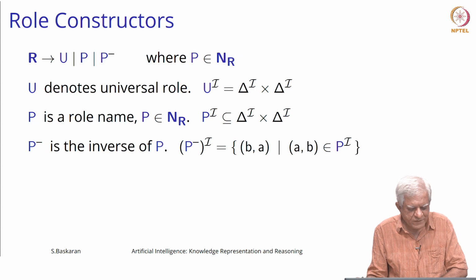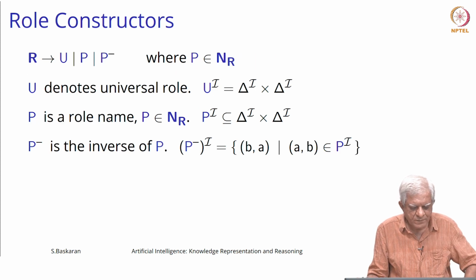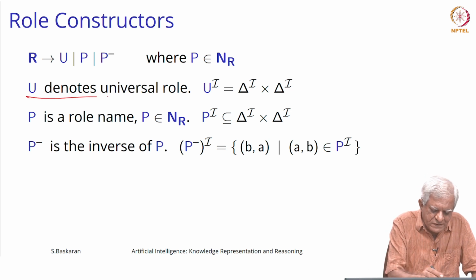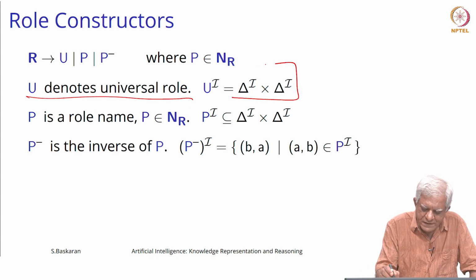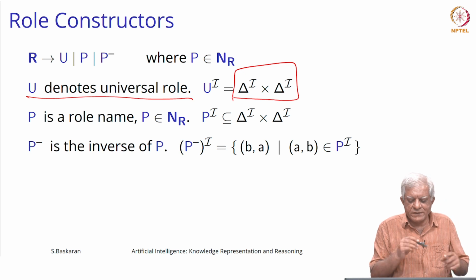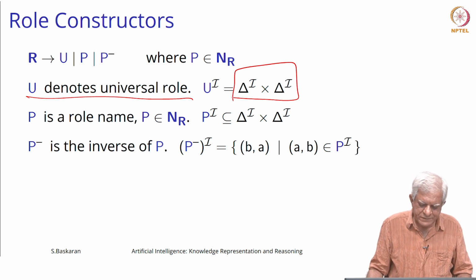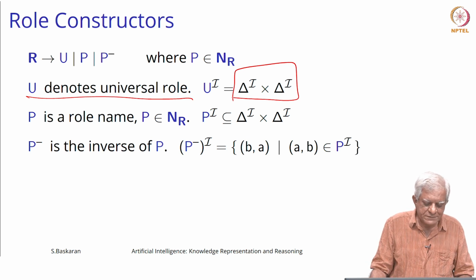So, let us look at them one by one. U denotes the universal rule. So, it is basically every element connected to every other element in this thing. It is like a cross product of the domain.